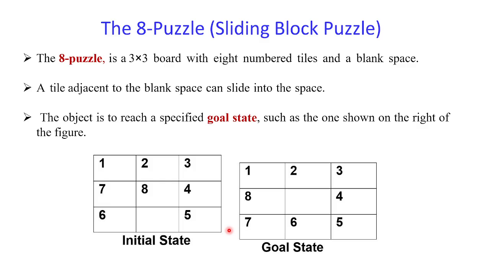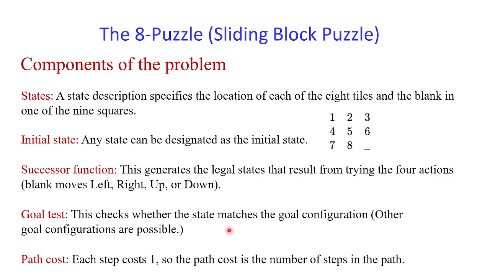Now let us discuss the components of this 8 puzzle problem. When we formalize a problem for an AI system, we define 5 components. First one is the states. A state is a complete snapshot of the puzzle at any given moment.